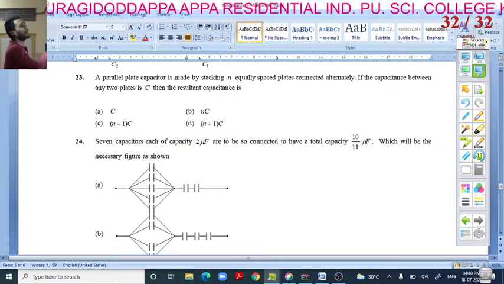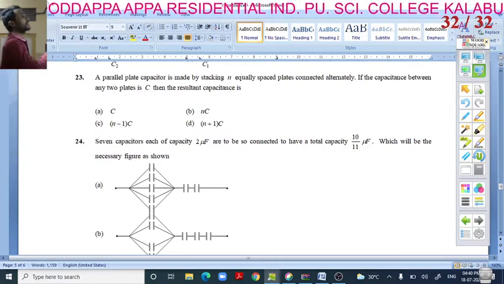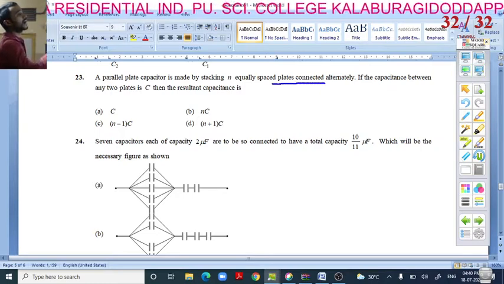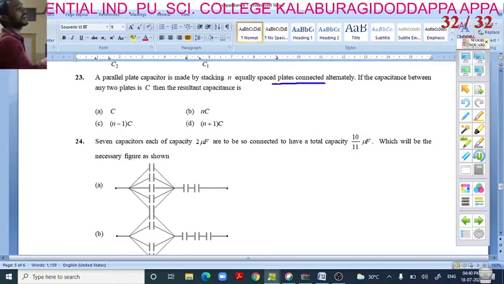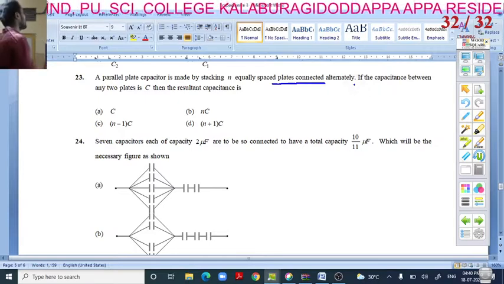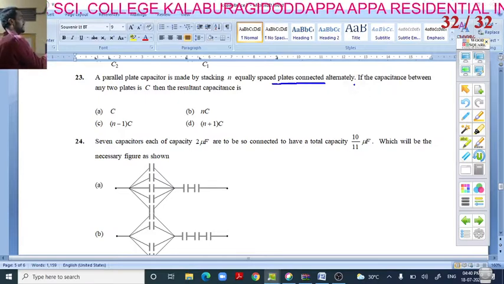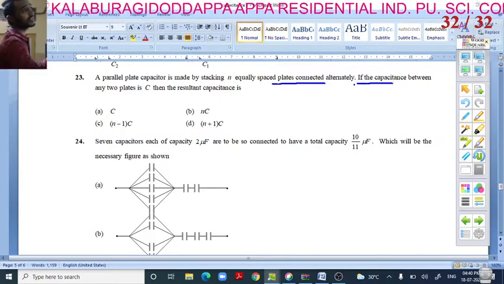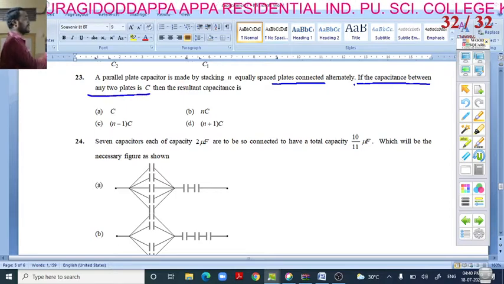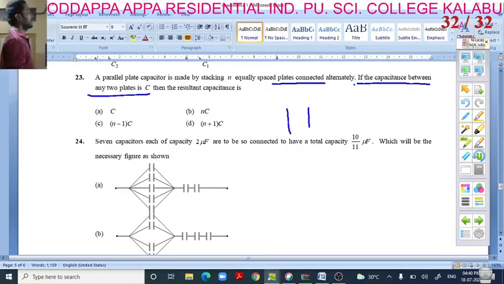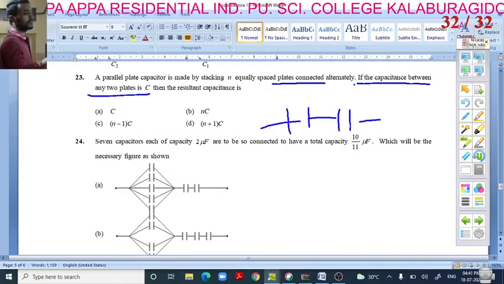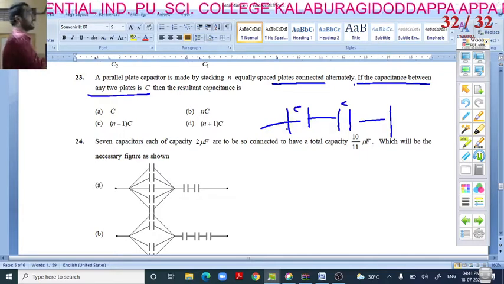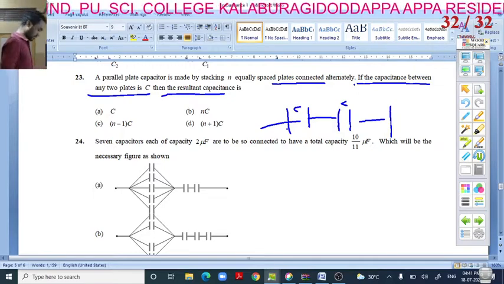See, the parallel plate capacitor is made by stacking n equal spaced plates connected alternately. If the capacitance between any two plates is C, then the resultant capacitance between any two plates, say these plates are there, let us assume capacitance between any two plates is C, he has given, then the resultant capacitance is?